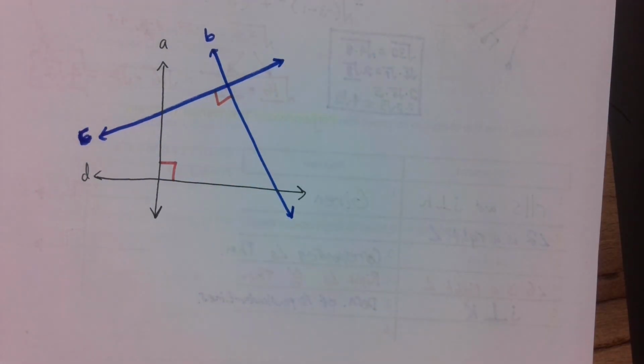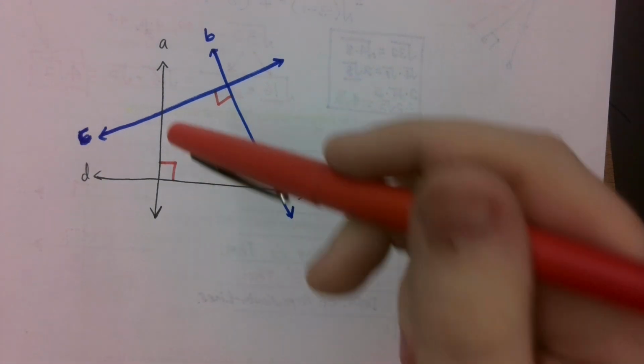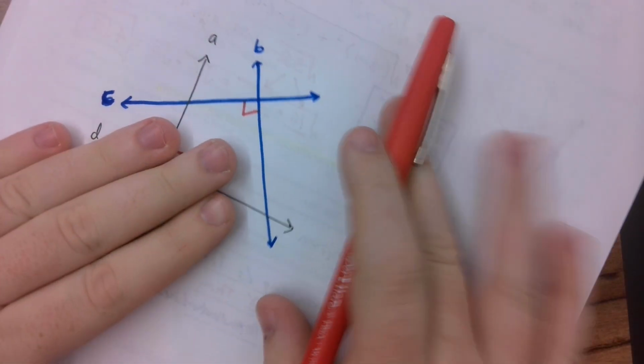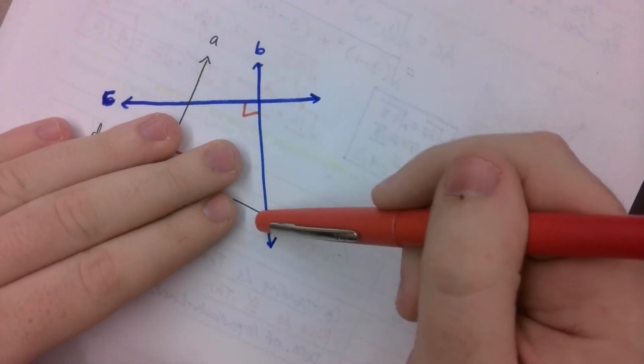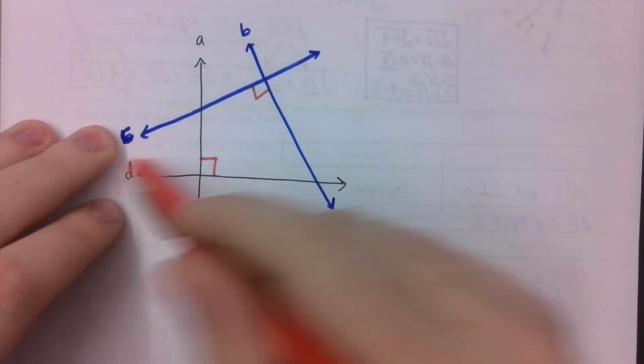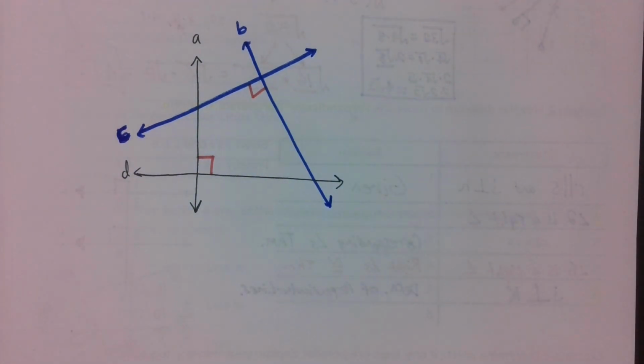And you might say, Mr. Strager, this is a totally different situation, but it really isn't. We still have two perpendicular pairs. If I cover up this one, you see the blue lines are perpendicular, not parallel. A and D are still perpendicular, but these lines and these angles have no relation to each other whatsoever. They don't interact.